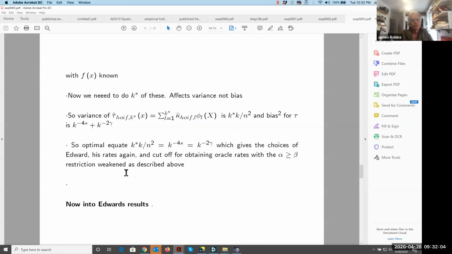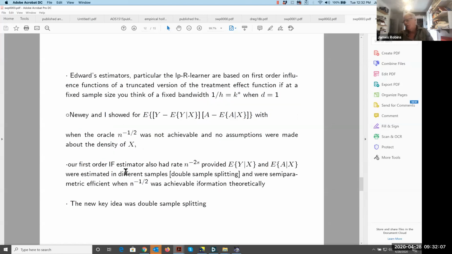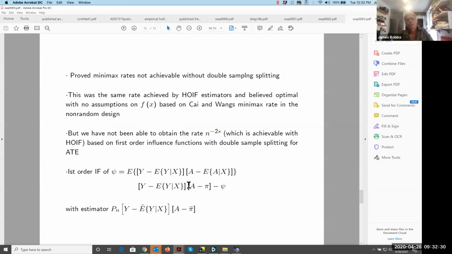Well, my last minute is the key thing that Edward did. The way I look at him is he really used first order influence function estimators. But by doing this double sample splitting, Nie and I proved that if you have a functional whose influence function looks like the product of two linear residuals, then you can do as good as higher order influence functions by just doing first order influence functions if you estimate these guys from different samples, this guy and this guy.